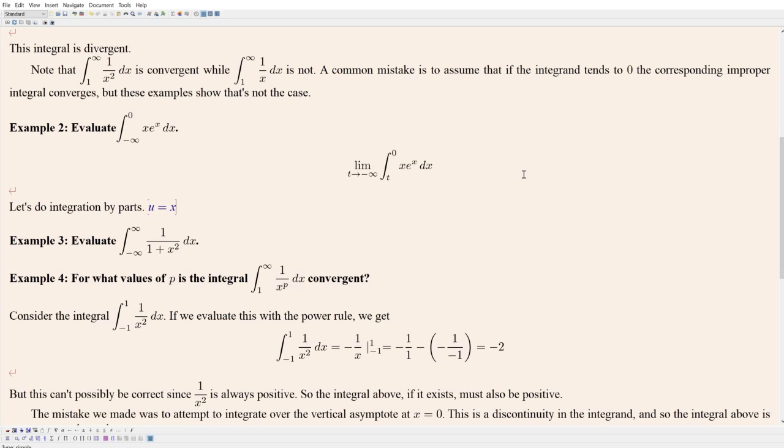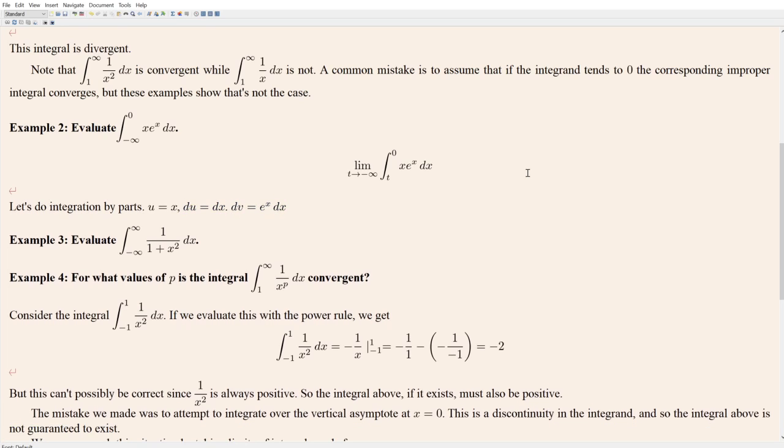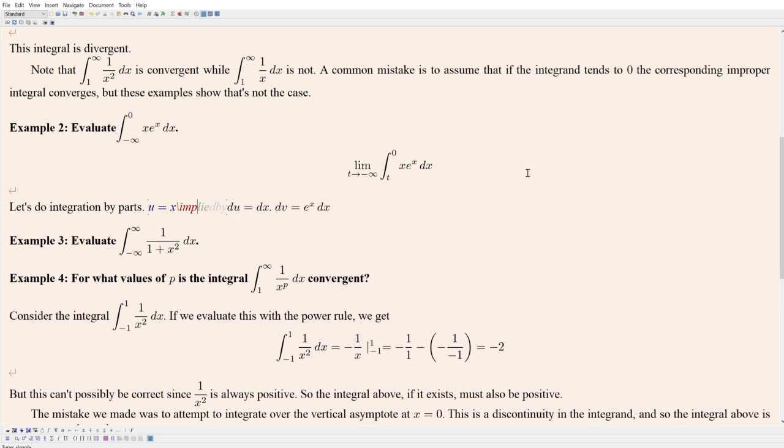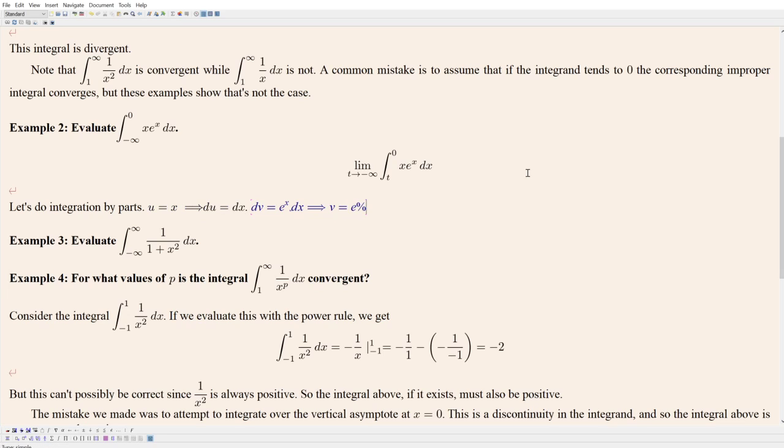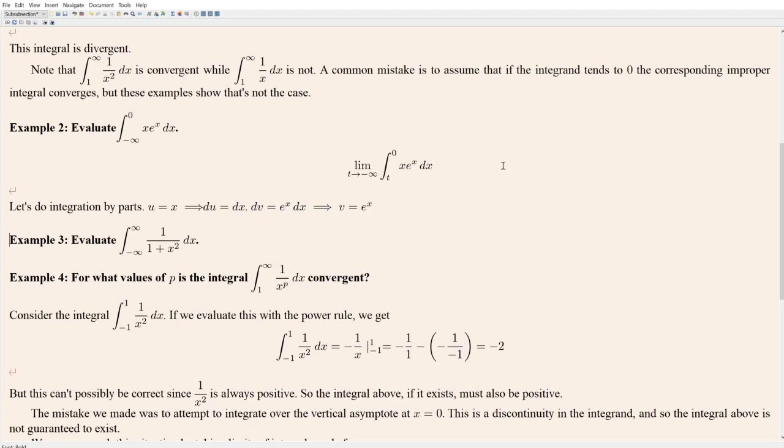x is an algebraic function, so that should be our u, which means du is just going to be dx. dv has to be everything else, so that's e to the x dx, which means that v is the antiderivative of this thing, so that's just e to the x.